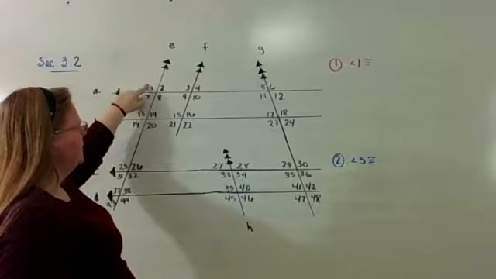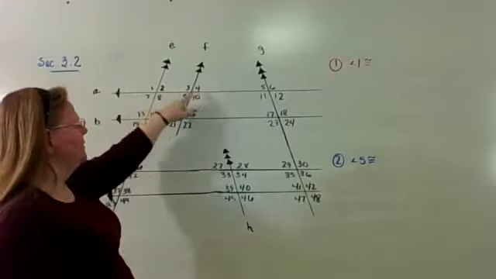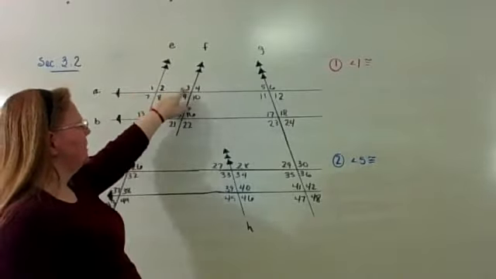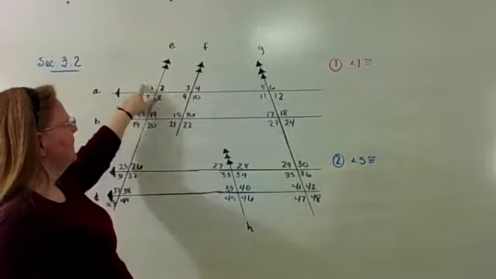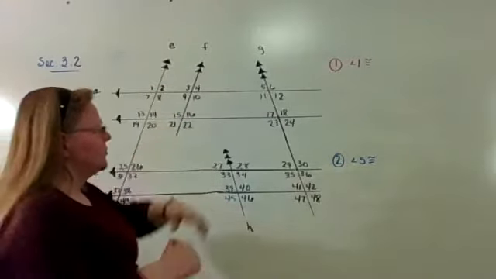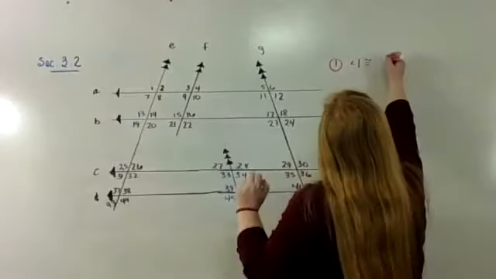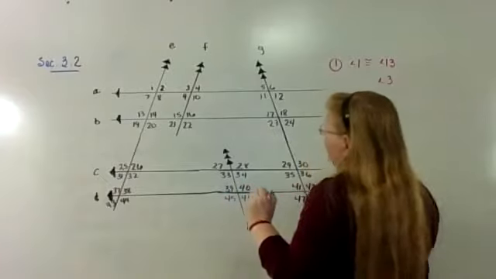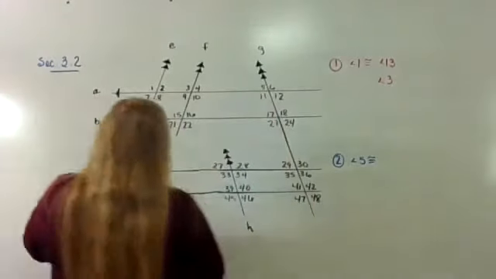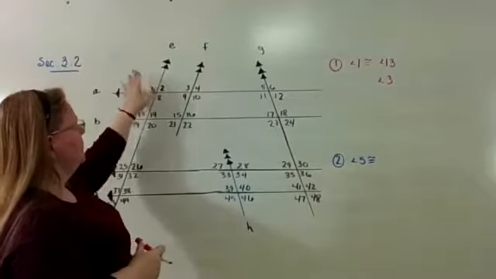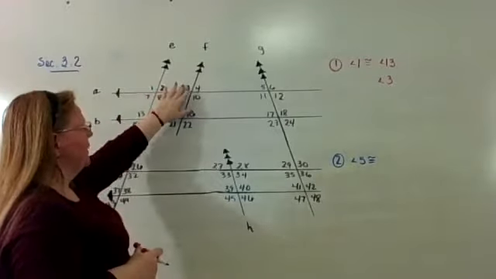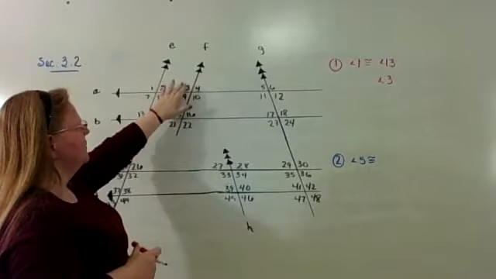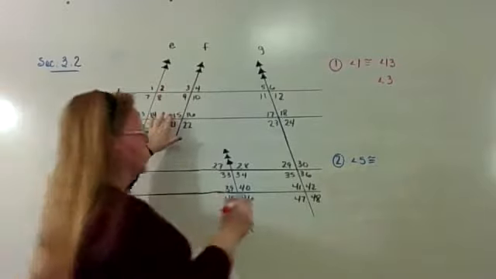Angle 1, if I call A my transversal, then angle 1 is corresponding to angle 3, which means that they would be congruent. So far we have angle 13, angle 3, but in addition to that, we know that if it's congruent to angle 3, then it's also going to have to be congruent to angle 15, because here 3 and 15 are corresponding.